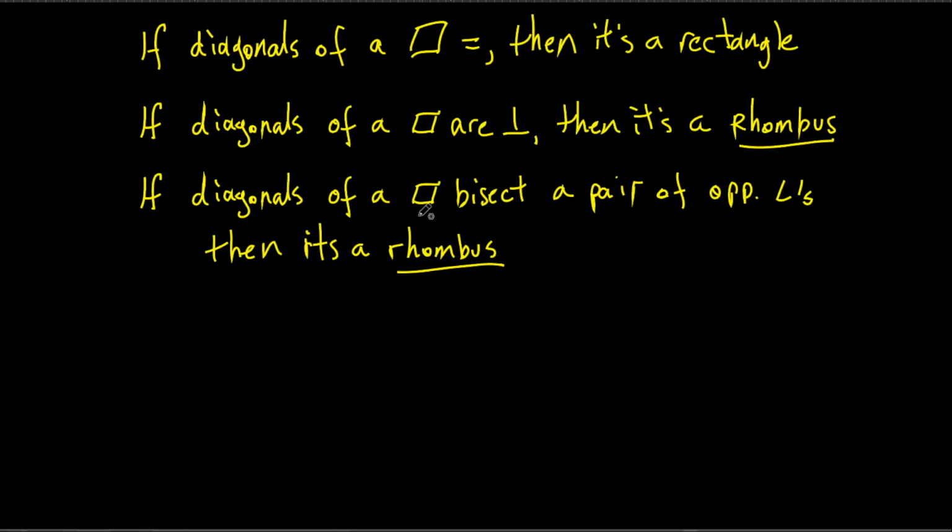The next theorem says if two consecutive sides of a parallelogram are congruent, then it's a what? I'll just read it since drawing would take too long and the bell's going to ring any second. If two consecutive sides of a parallelogram are congruent, then it's a rhombus.